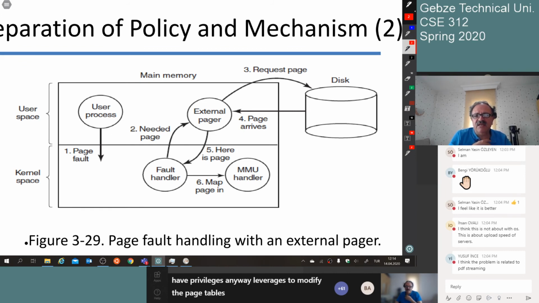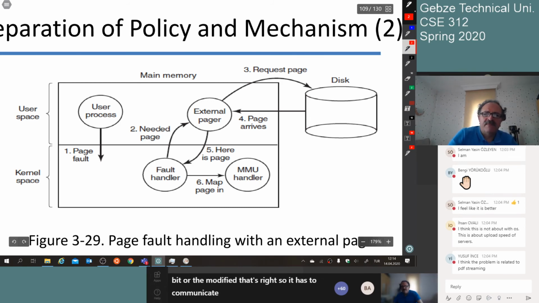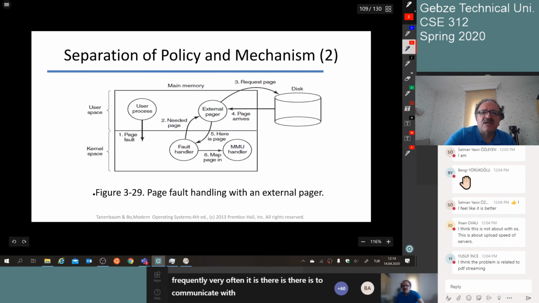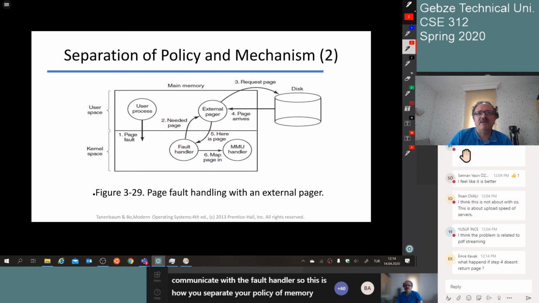It cannot read the reference bit or the modified bits, right? So it has to communicate with the kernel very frequently, very often with the fault handler. This is how you separate your policy of memory management from the mechanism of memory management.